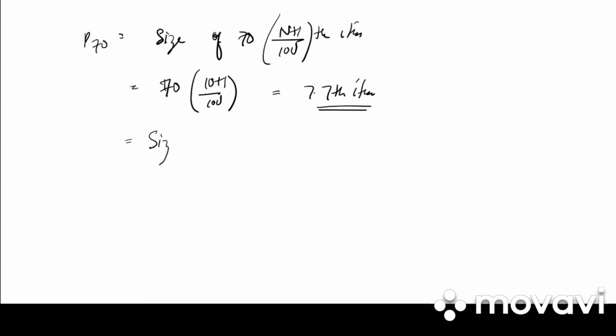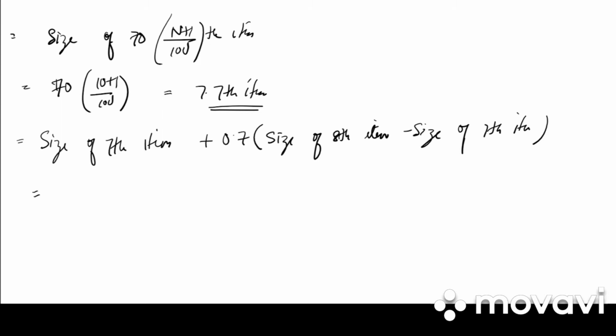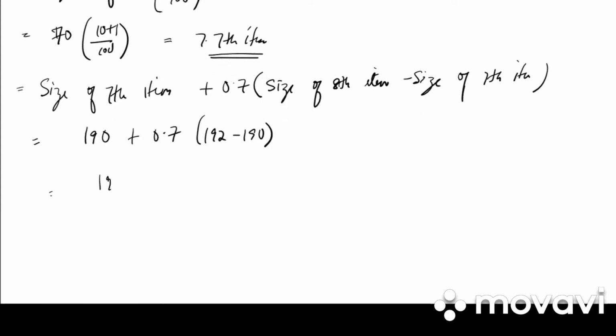So it is size of 7th item plus 0.7 into size of 8th item minus size of 7th item. So it is 190 plus 0.7 into 192 minus 190. It is 190 plus 1.4, that is 191.4.